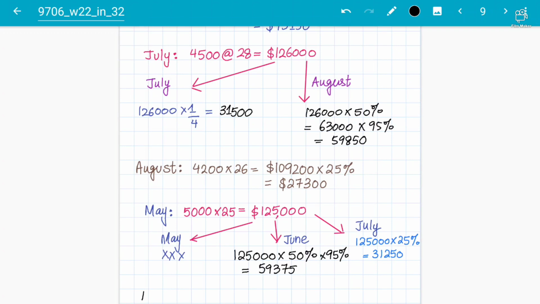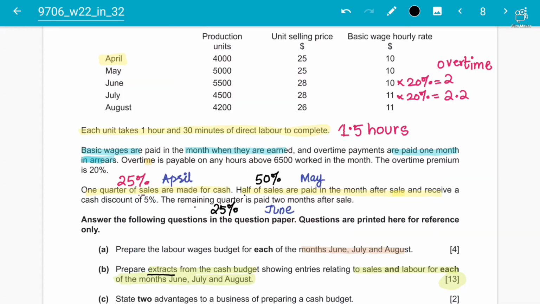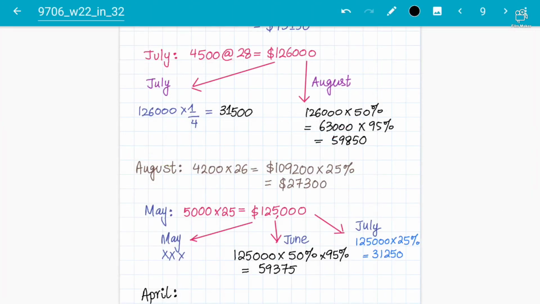Very quickly you can say that April sales is 4,000. Make sure you show all the workings: 4,000 and the 25 selling price we are going to get as 1 lakh. So out of 1 lakh sales, 25% will be coming in June, that is 2 months after sale, the remainder 25%.